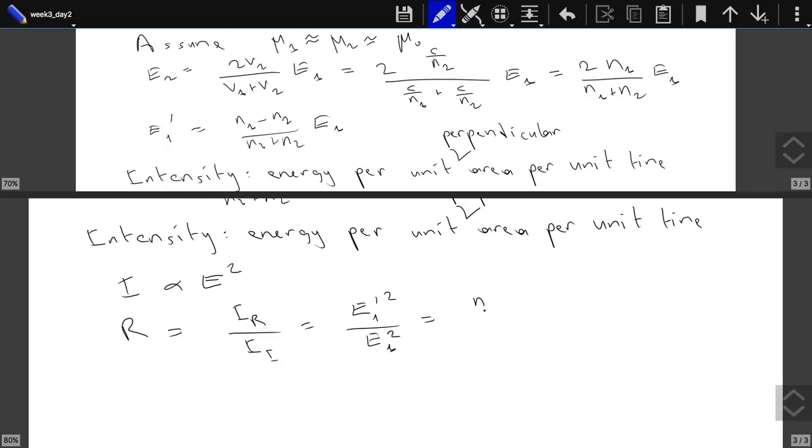This is equal to n1 minus n2 squared divided by n1 plus n2 squared. So the intensity is proportional to epsilon times E squared. You remember the energy density of a wave is equal to epsilon E squared.